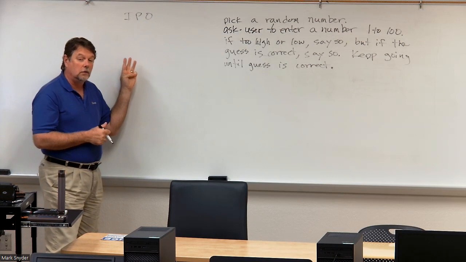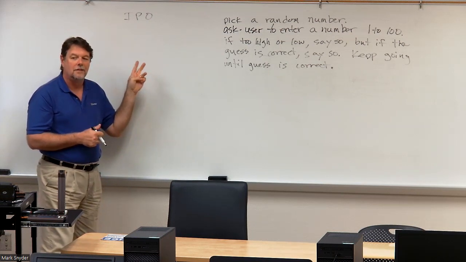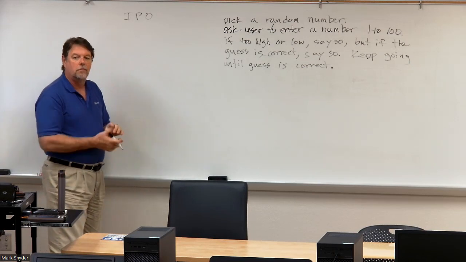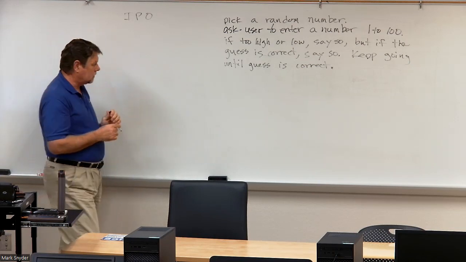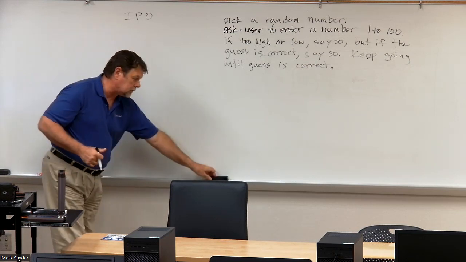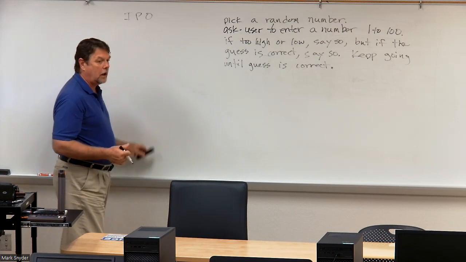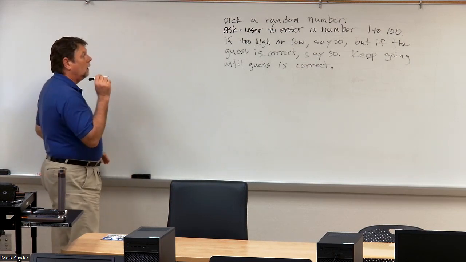You're probably right. No guesses? Inputs. Yes. So an IPO chart is the inputs, the processes, and the outputs. The reason why they call it an IPO chart is no more complicated than that.